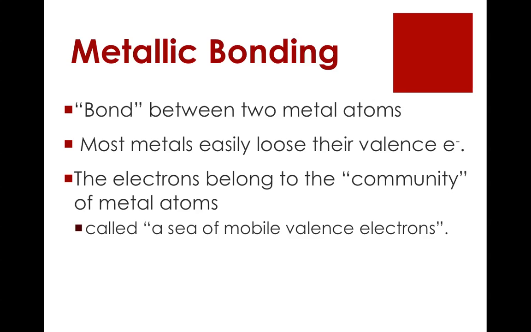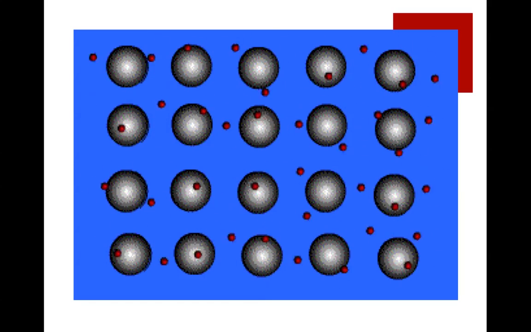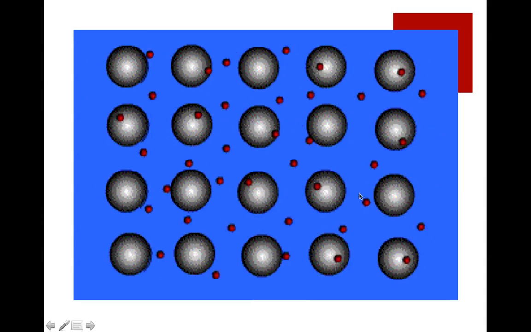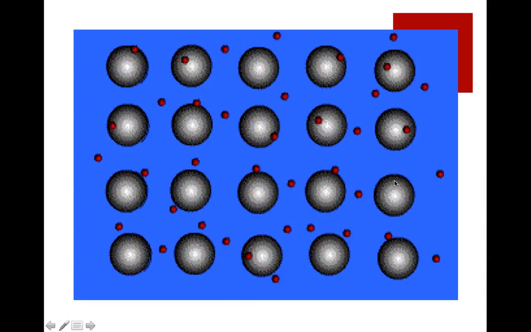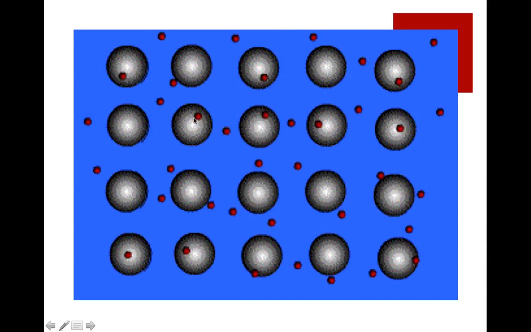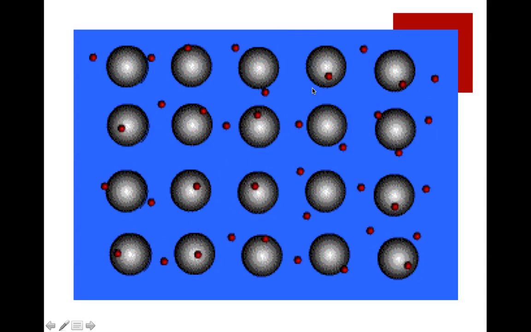They move around all the time, which is why it's like a sea of moving electrons. Here's an example. These are the little atoms on the inside, the metal nuclei, and on the outside you have all the electrons. You can't tell whose electrons belong to whom because they are all sharing them.